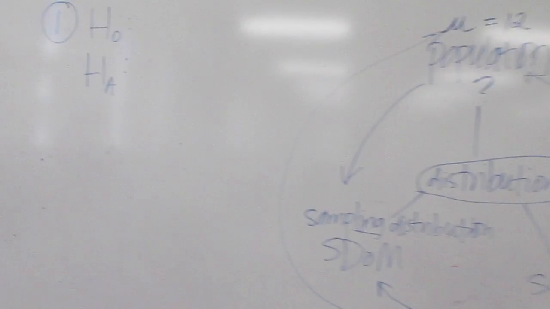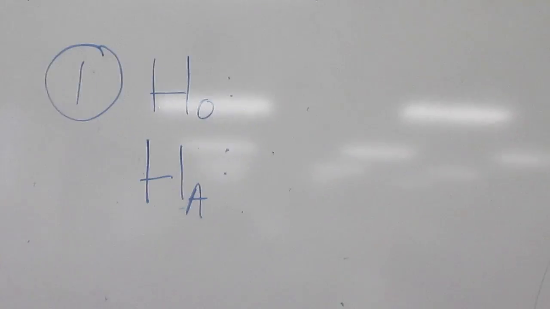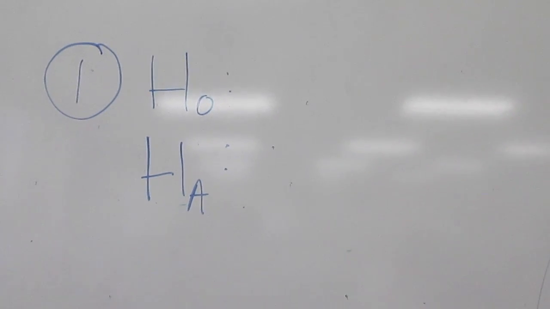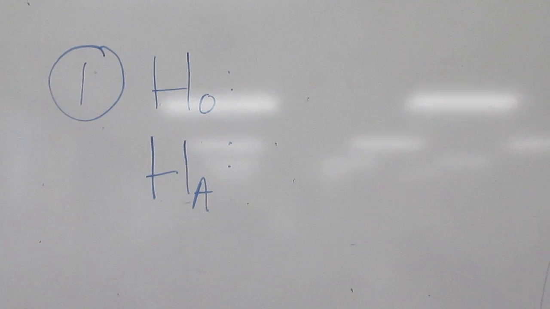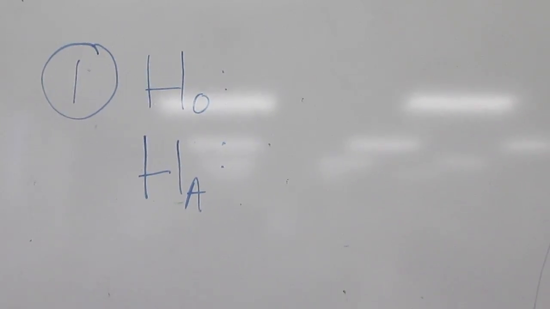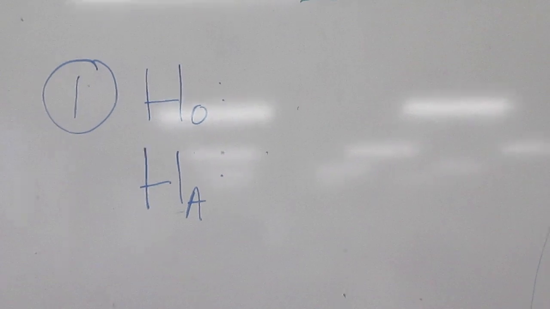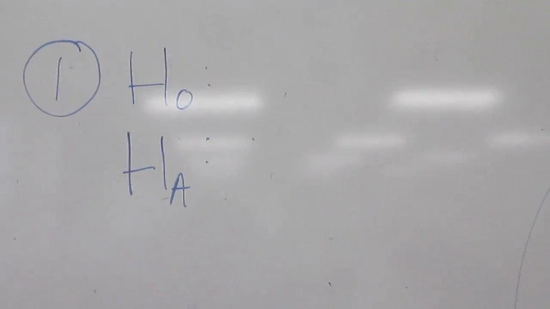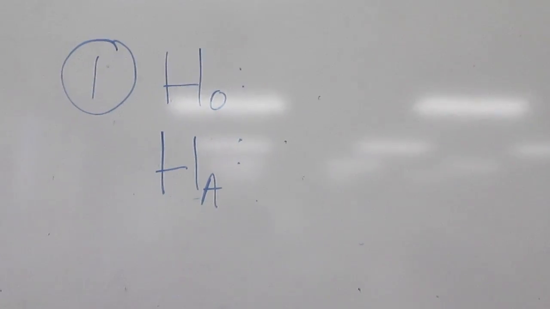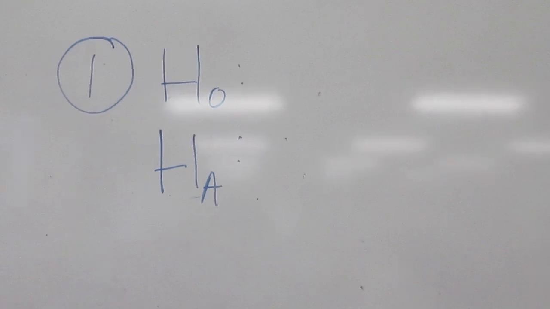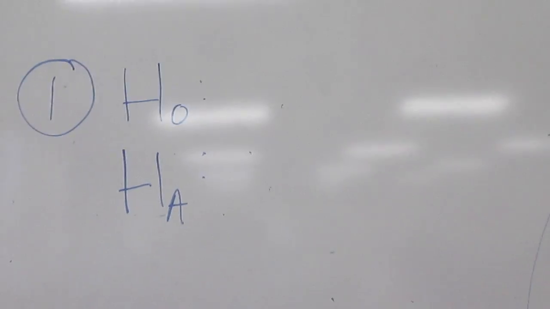All right, so step one, we're going to start with the null hypothesis and the alternative hypothesis. This is going to be a little bit different from the book because in my class, as in the real world, you're always going to do a two-tailed test. The book example does a one-tailed test, but I want you to do a two-tailed test. It's just going to be more useful to you.